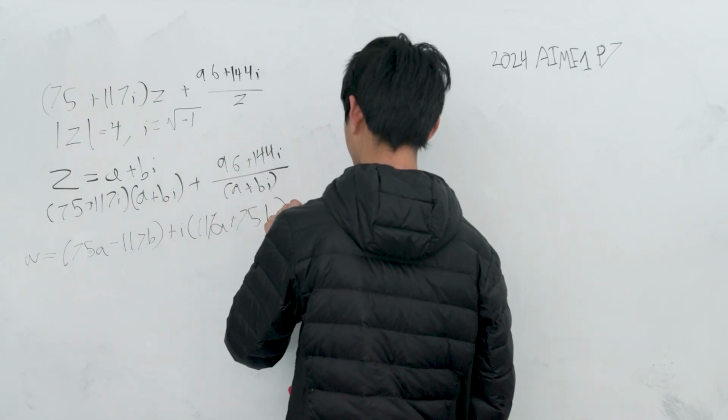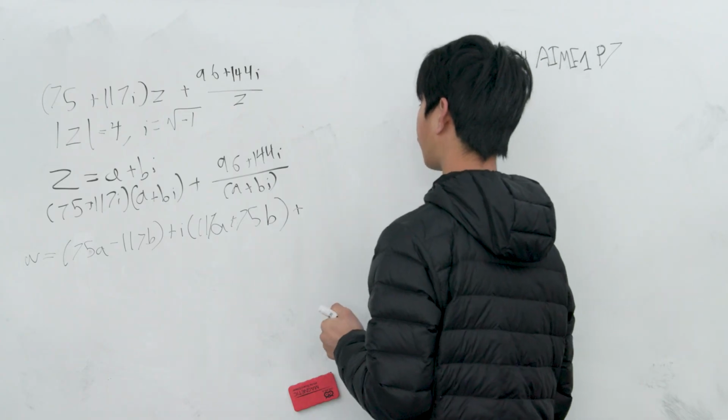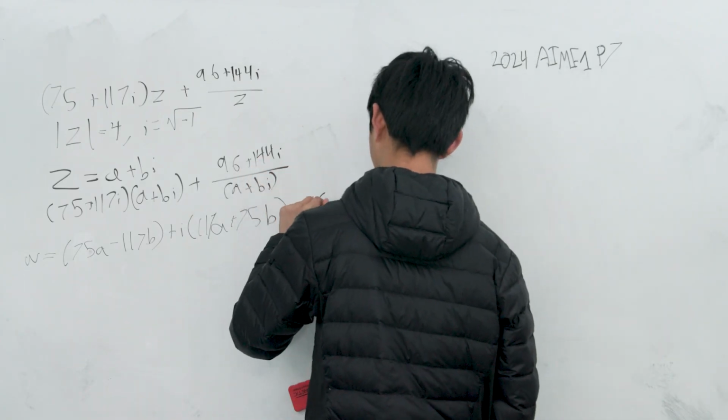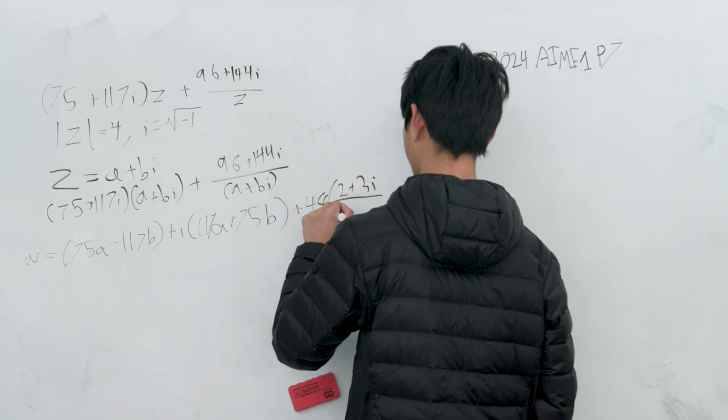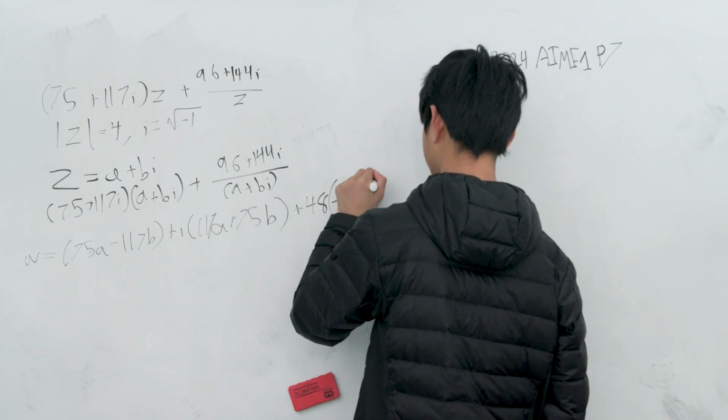And then for this side we can factor out the 48 on the top, so 48 times (2 + 3i) over (a + bi).